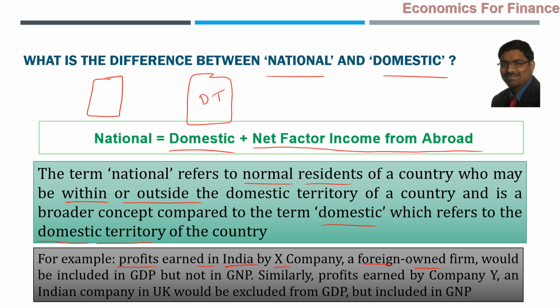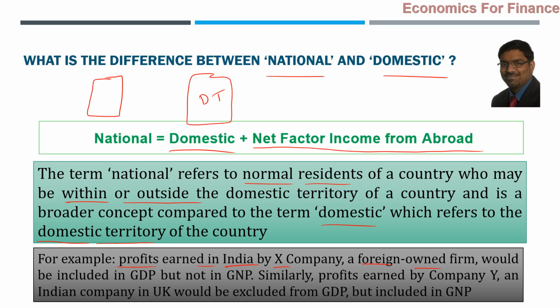So even though some foreign companies add value in the domestic territory of India, that will not be included in GNP. That is the concept of national. National is different, domestic is different. By the way, don't apply these terms everywhere, under whichever context you want. This is only for this purpose. Only for this purpose, this has to be understood.